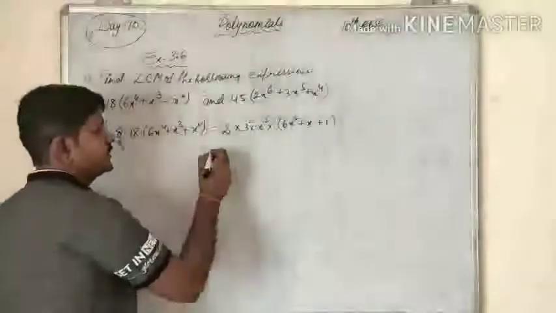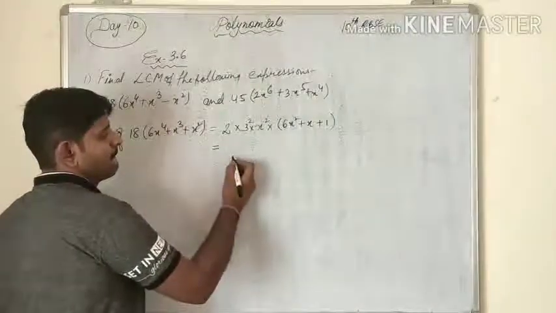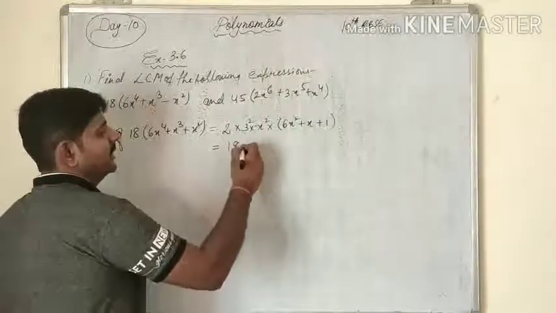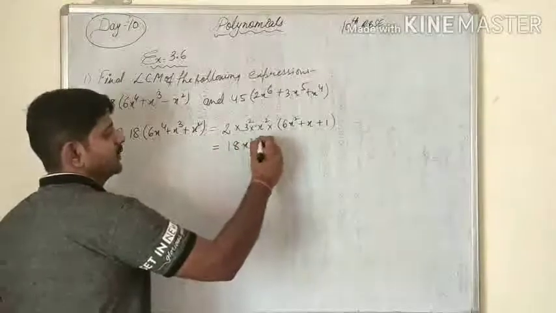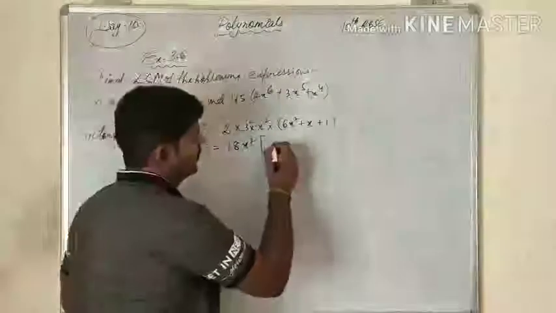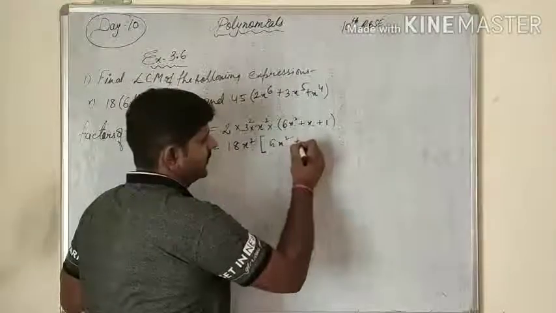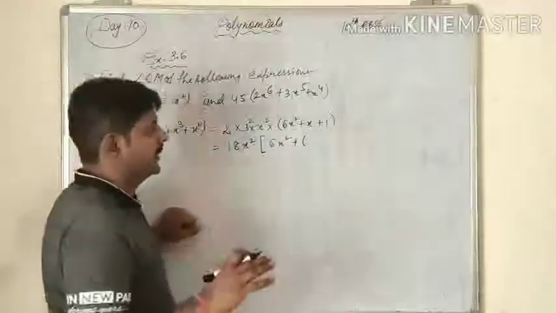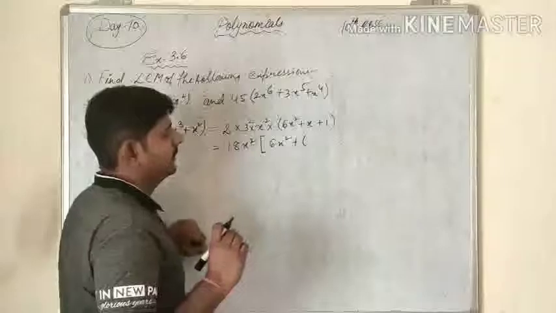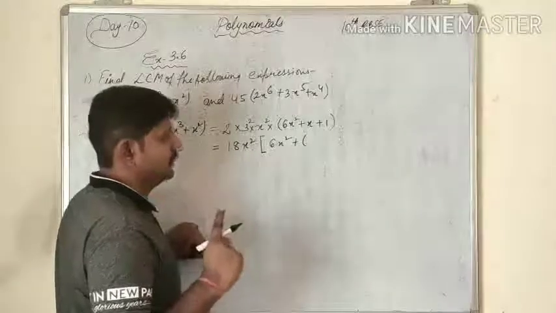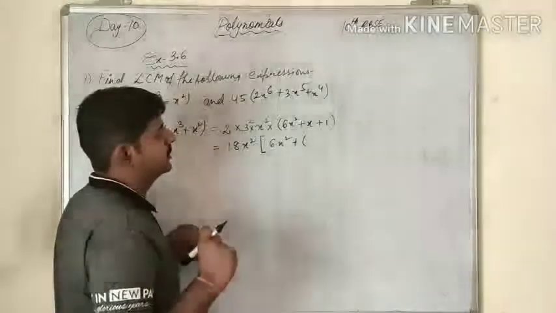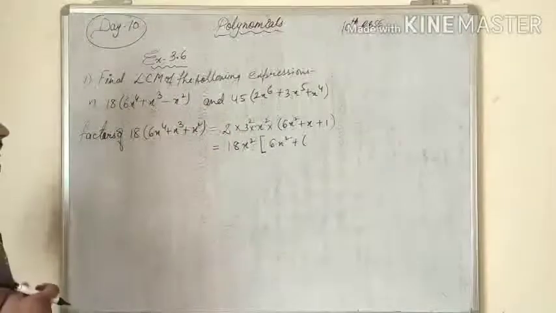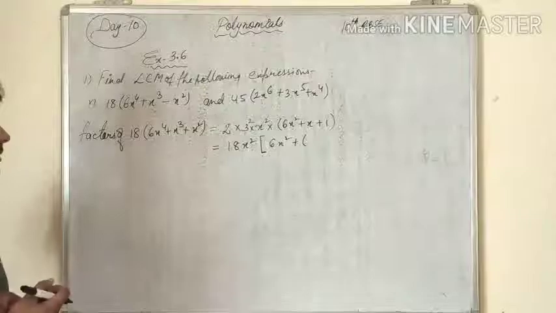It can be factorized. It can be written 18x square and this 6x square, as I told you, 6, and we need 1. So what to take?